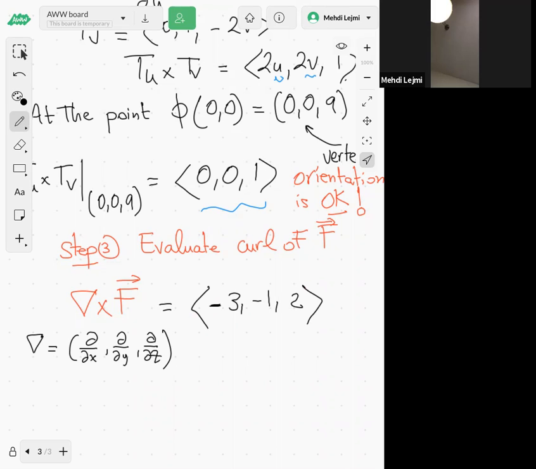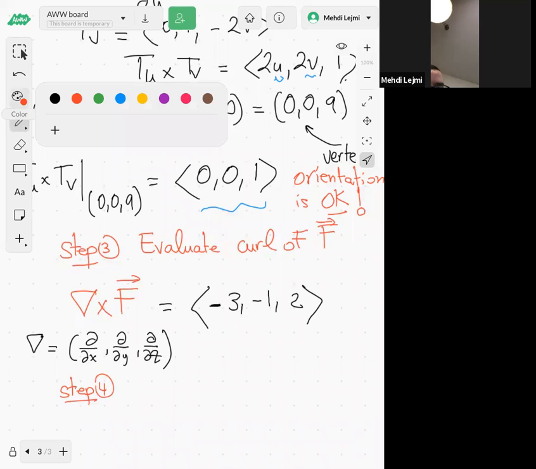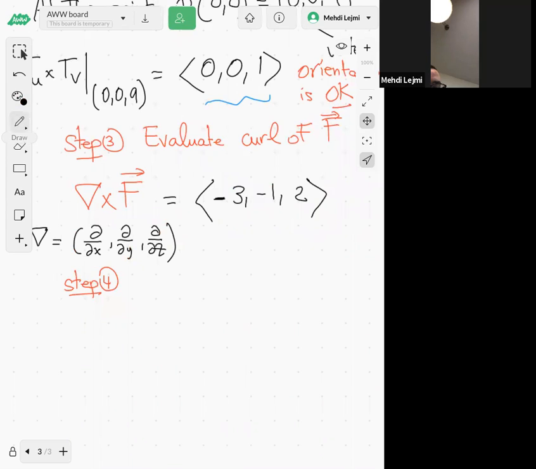We know the vector field F, we know the del operator, its partial derivatives, when we do the cross product. Now we have everything, so finally, we can compute our double integral.